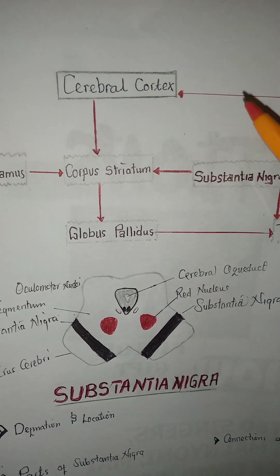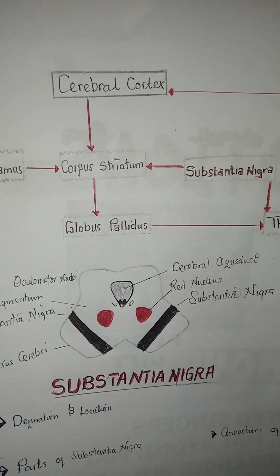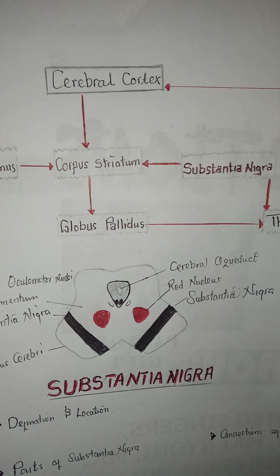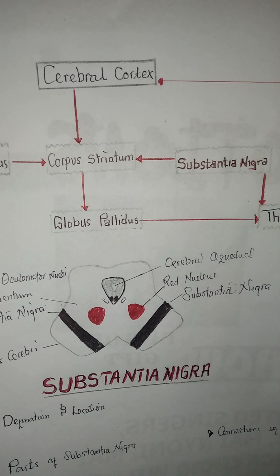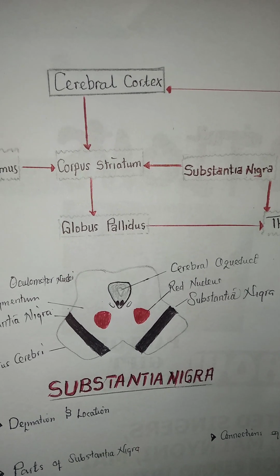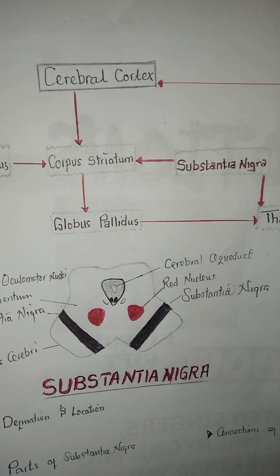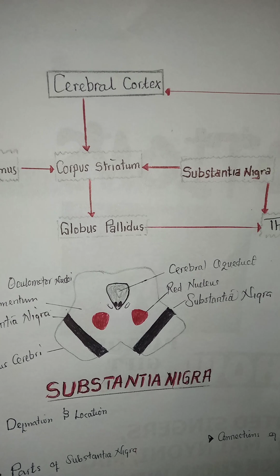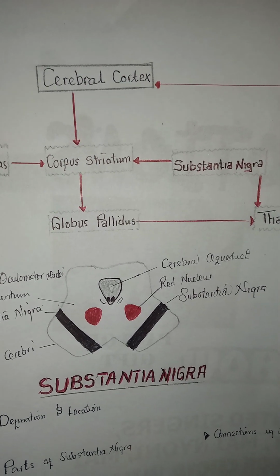Okay, so what you are seeing here is basically a basal ganglia circuit. The basal ganglia circuit consists of some parts, but generally speaking, the basal ganglia is involved in movement. All the movement we do, the basal ganglia plays a role in it.